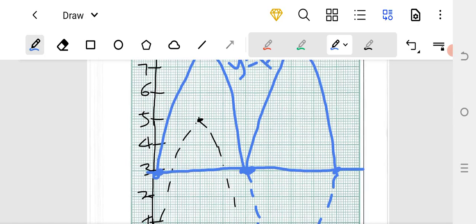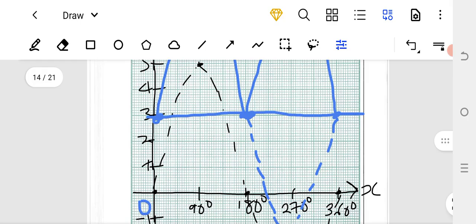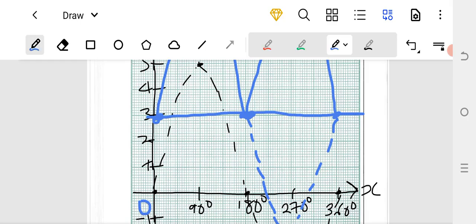So y is equal to 1 is this one here, which is your y is equal to 1.